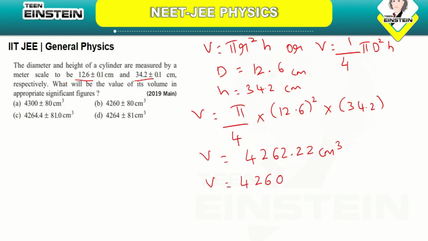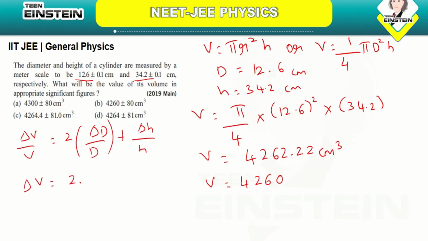So this is in 3 significant figures, 4260. Now you have to calculate the error. So del V by V is equal to 2 times del D by D plus del H by H. So del V is equal to 2 into 0.1 divided by 12.6 plus del H is again 0.1 divided by 34.2.